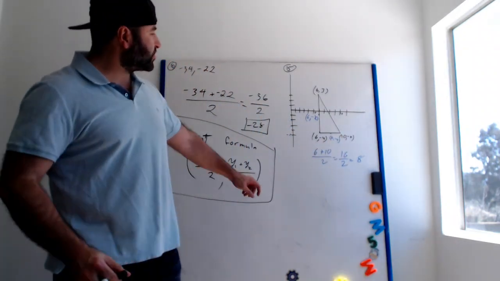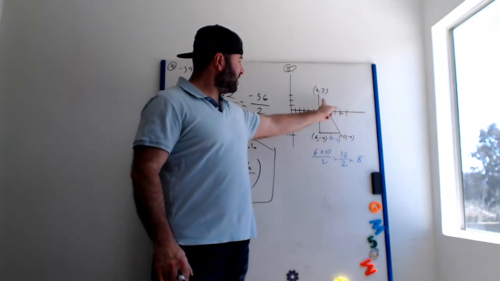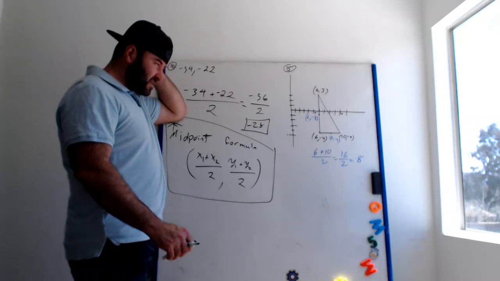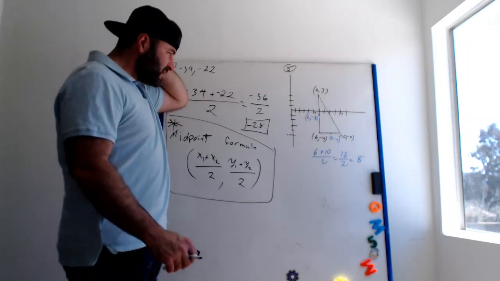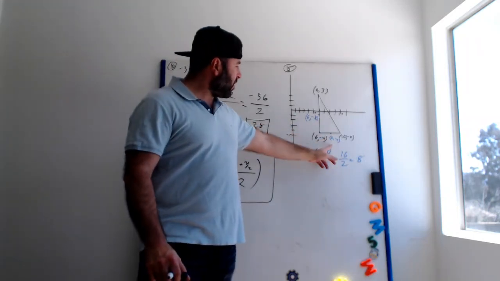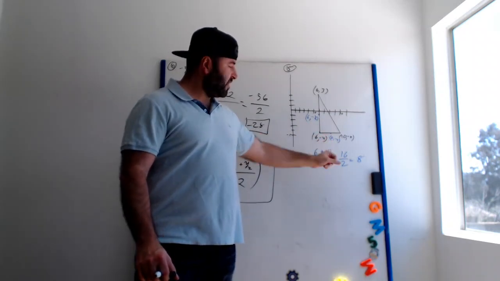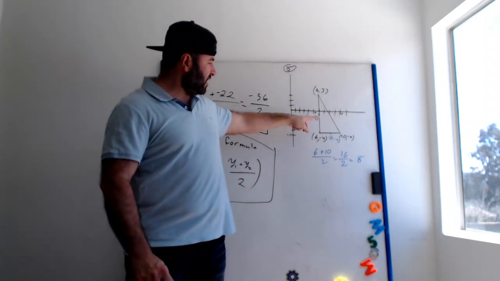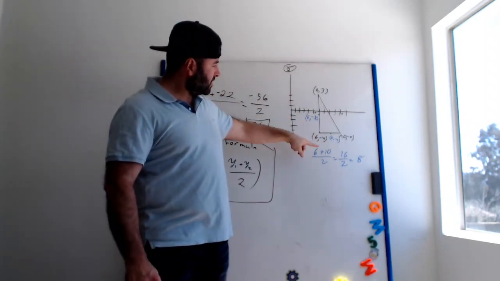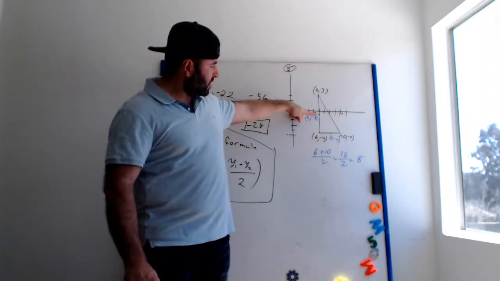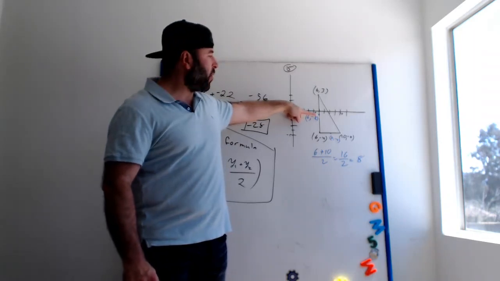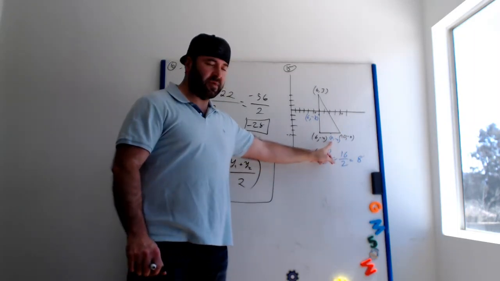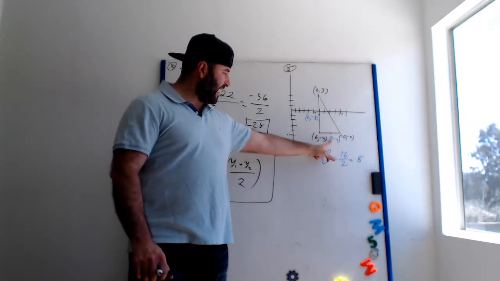The trickier one is the hypotenuse of the right triangle. It's a little trickier, but not that much more, because we already have all the information that we need. Halfway of the vertical is right here at negative 1/2 for my y coordinate, and halfway of the horizontal is my x coordinate, which is at 8.